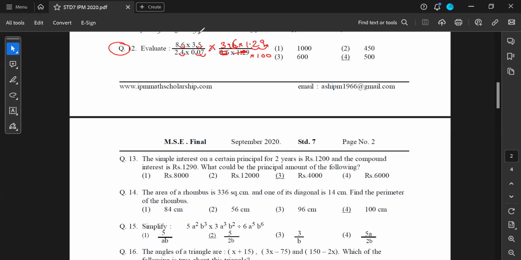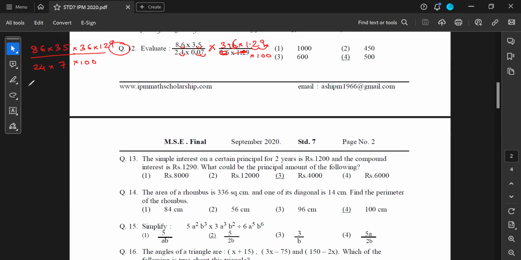Now, let me rewrite the numbers just for the sake of understanding. 86 multiplied by 35 divided by 24 multiplied by 7 multiplied by 36 in the numerator, multiplied by 129 divided by 100. Okay, so these are the numbers which we have. Now let's try to do the cancellations and reduce the numbers as much as possible. 7 ones are 7, 7 fives are 35.